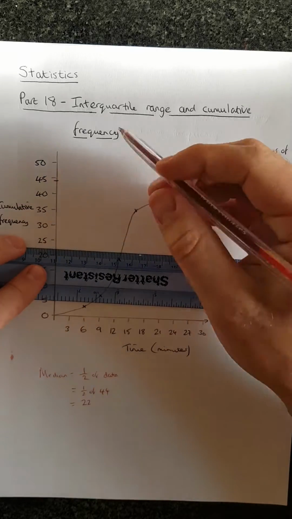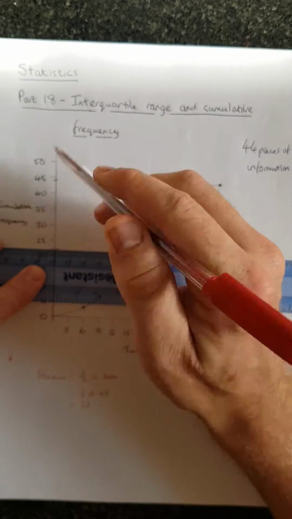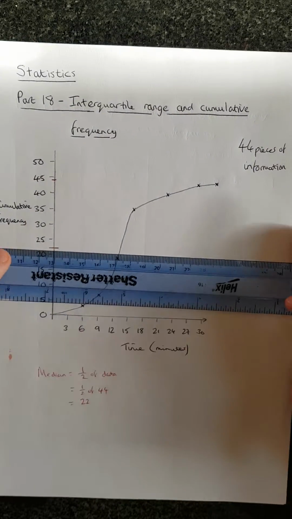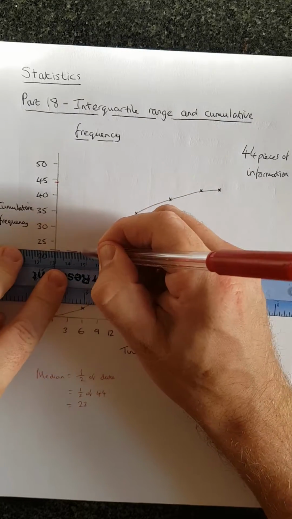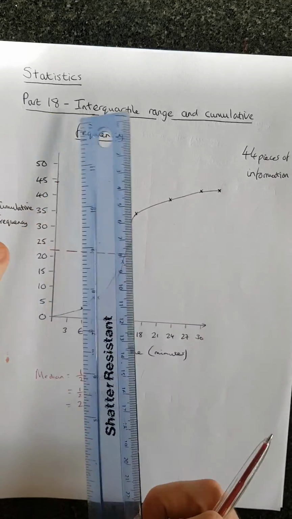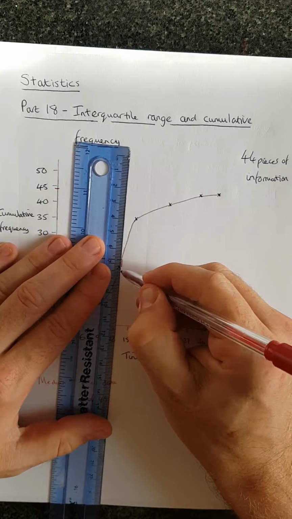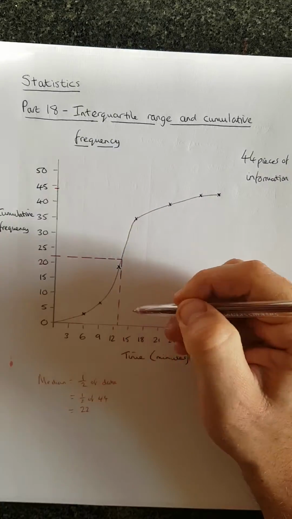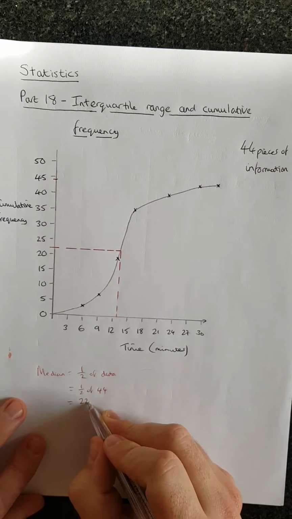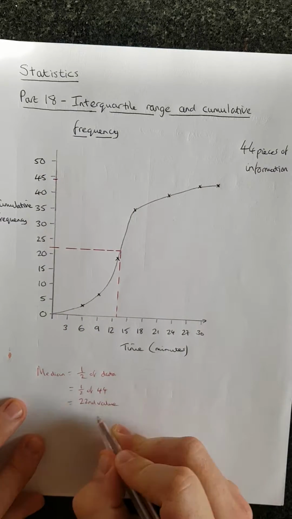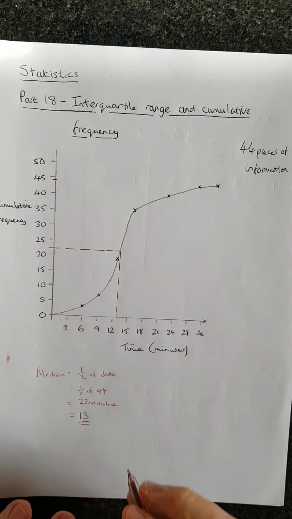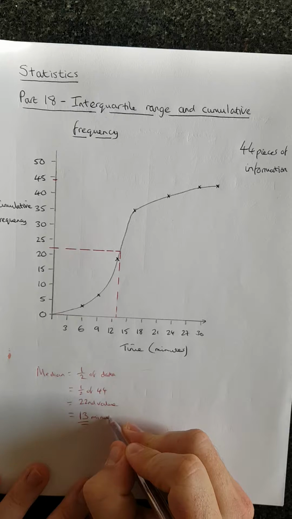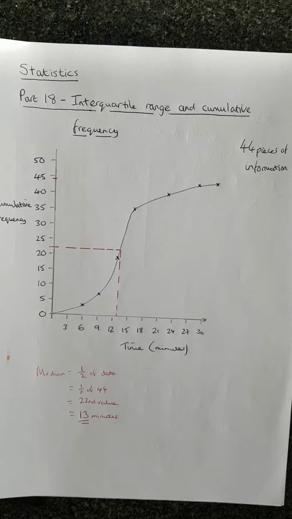So we find where 22 is, and then we convert that across and down until we find our estimate for the median. So it's the 22nd value, which in this case appears to be 13 minutes. Now, that's where the middle is.